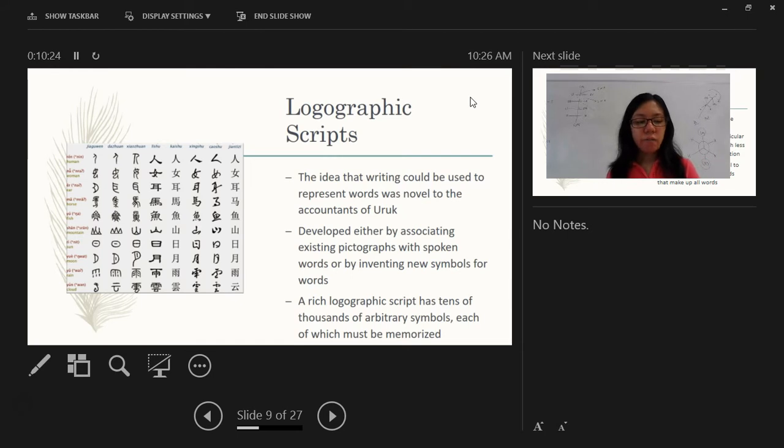But once they discovered that writing could be used to record speech, they developed the logographic scripts, which associate existing pictographs with spoken words or invent new symbols for words. But the problem is, a rich logographic script has tens of thousands of arbitrary symbols, and each of them must be memorized, such as the Chinese characters and hieroglyphs.